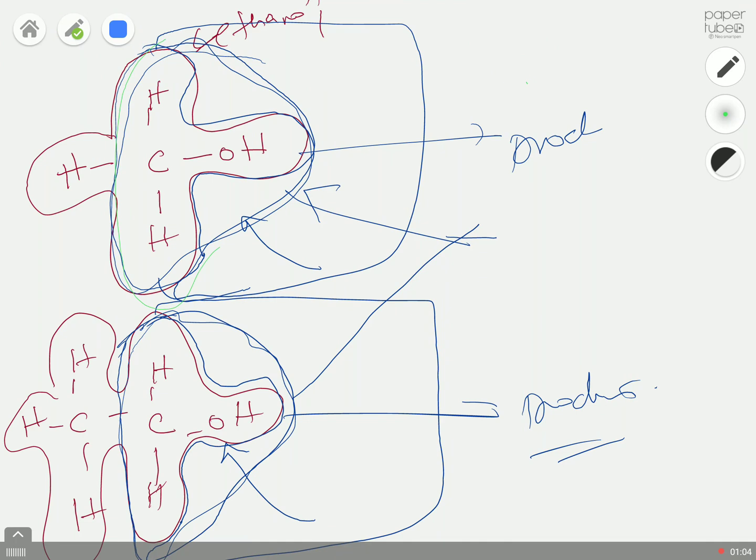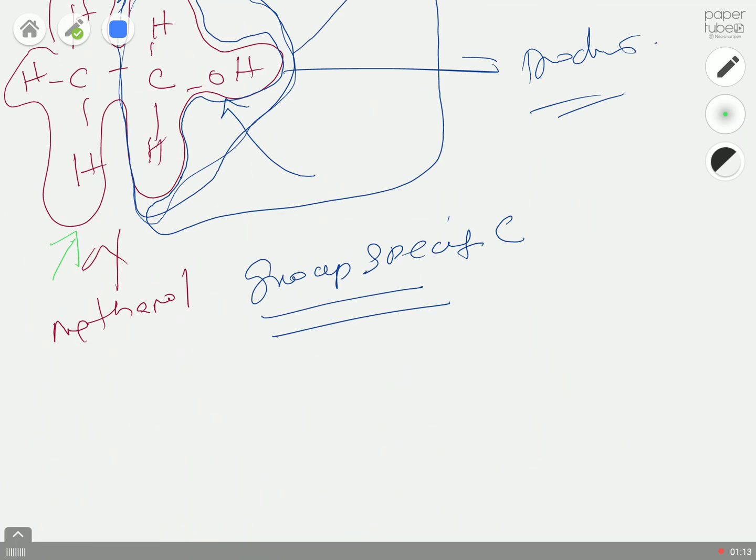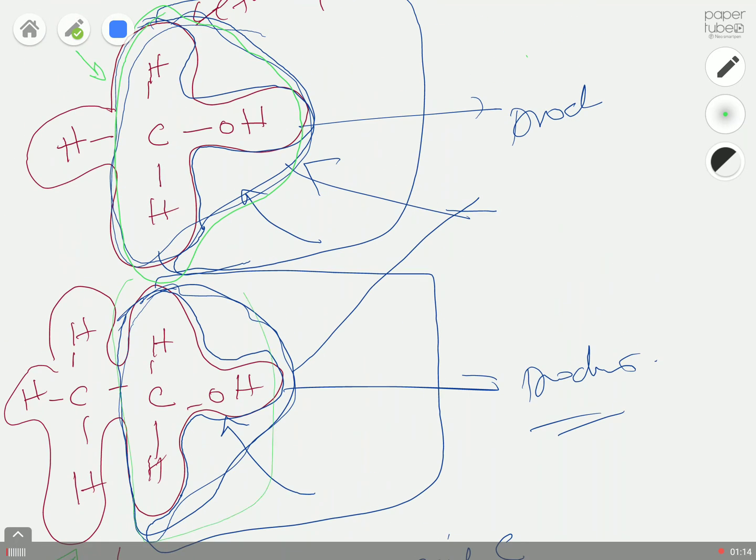In this case, this particular group, so it can recognize both ethanol and methanol. If we take only this part, enzymes can recognize some particular functional group. So this type of enzyme is called group specific.